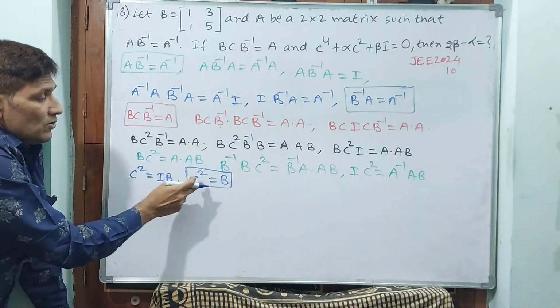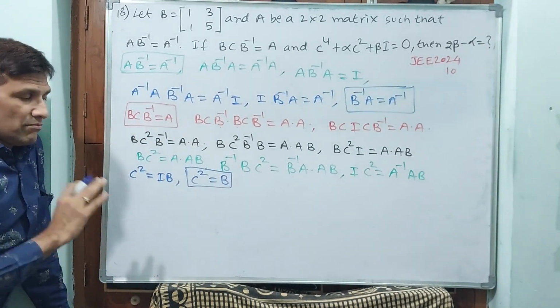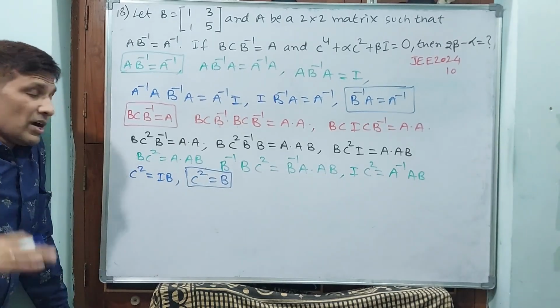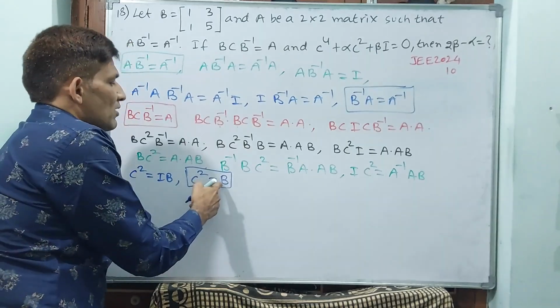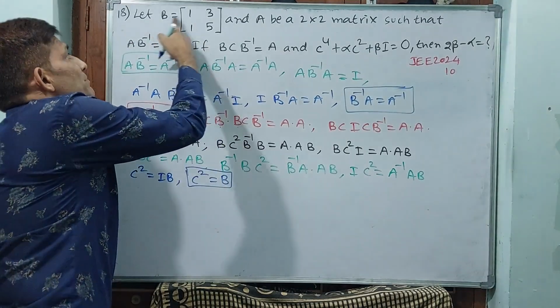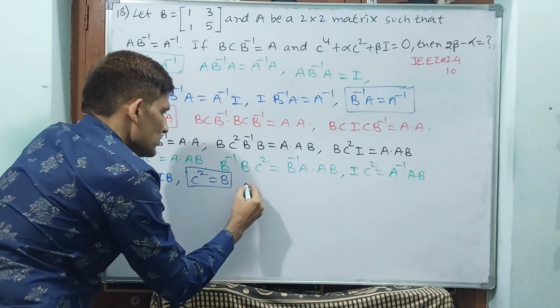This result we want. To get this result, see how much work we have had to do. Now this result is very essential. Now I want to tell you the characteristic matrix concept. Why? Because I want to find the characteristic equation of B, as B is our matrix. See what I want to do.